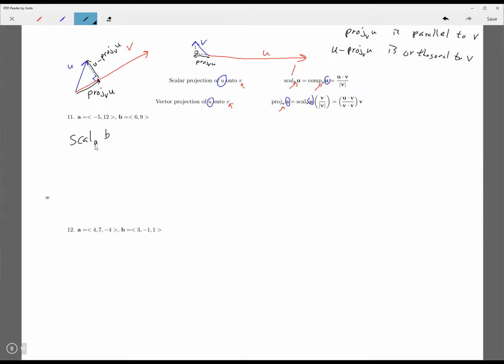According to the formula, the b replaces the u, and the a replaces the v. So it's going to be b dot a over the magnitude of a.